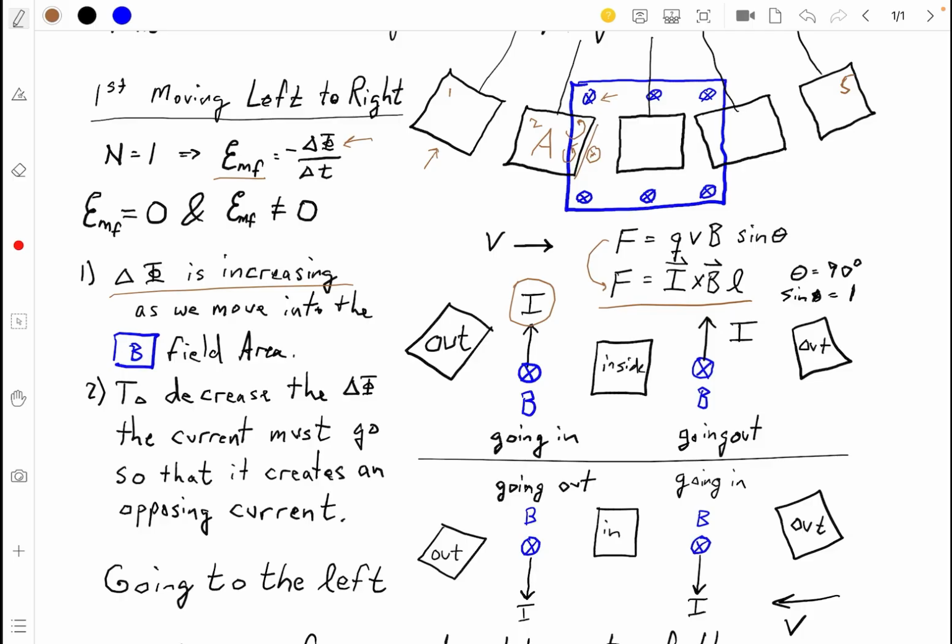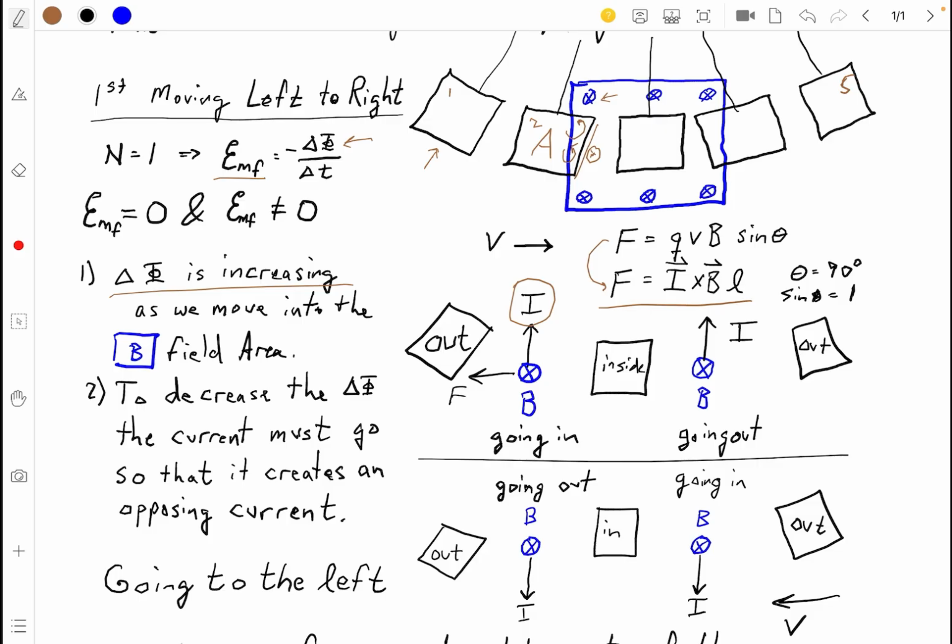Our palm goes down because that's where the B field is, and then our thumb points to the left. So our force in this case is going to be in this direction.